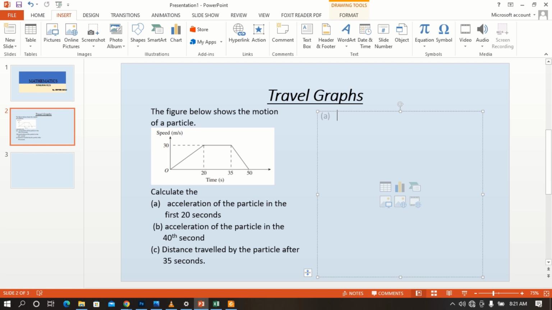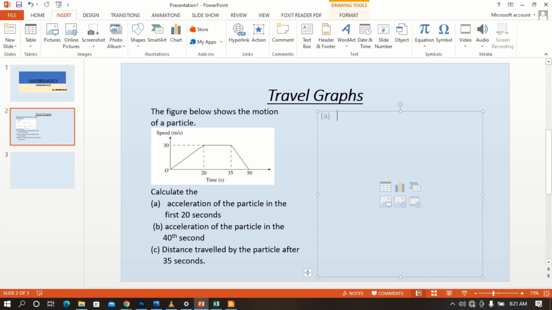When we talk about rate, we're already considering the time interval. Without wasting much time, let us begin by calculating question A, which says calculate the acceleration of the particle in the first 20 seconds.